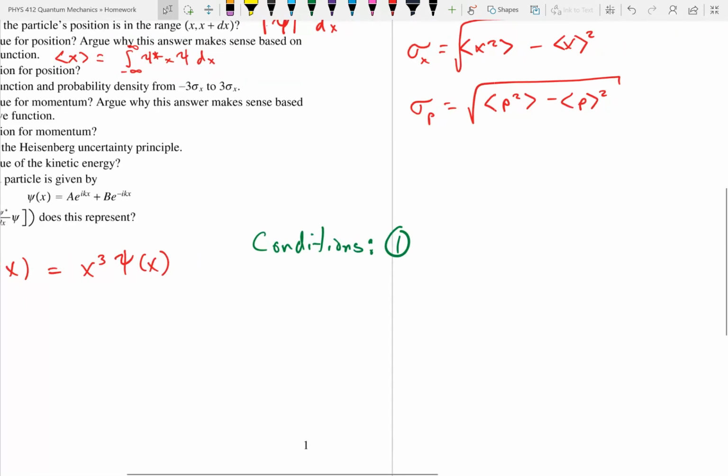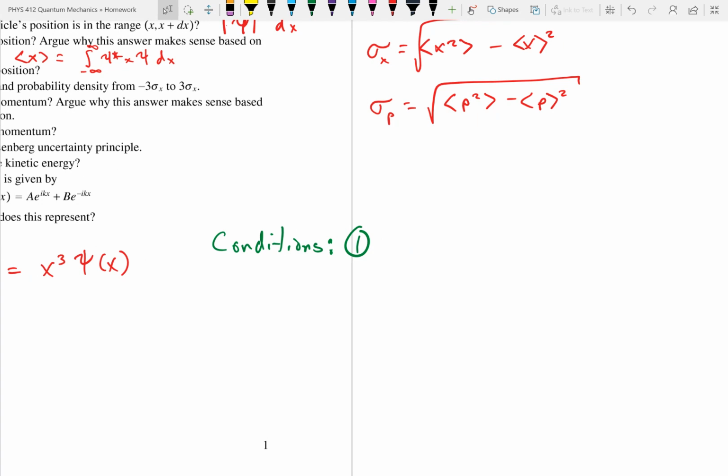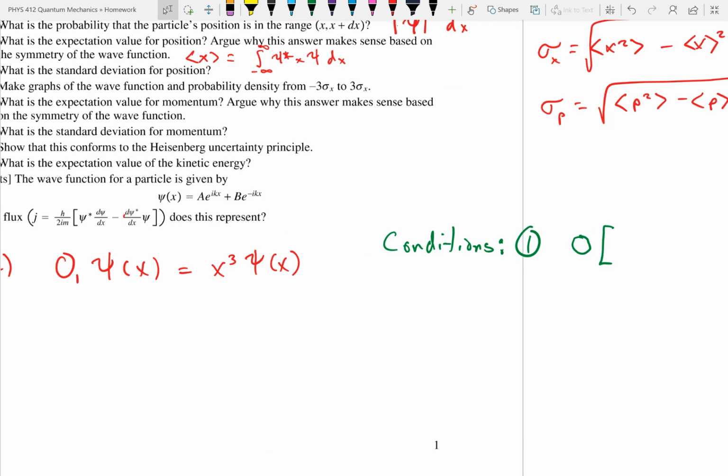So what are the 2 conditions that a linear operator must obey? The first one is that, are we using O or L? Does our textbook use L?